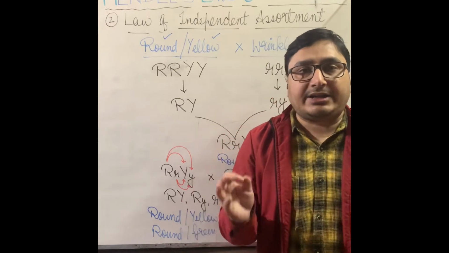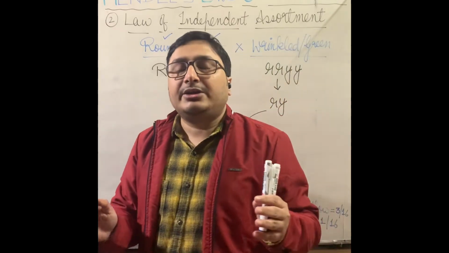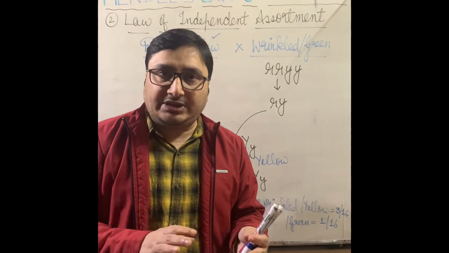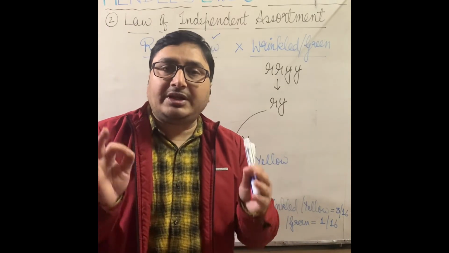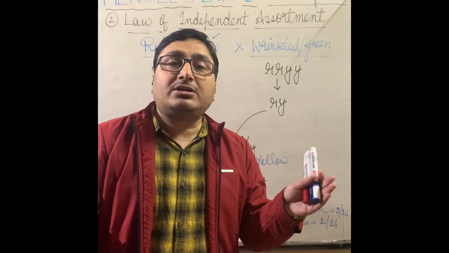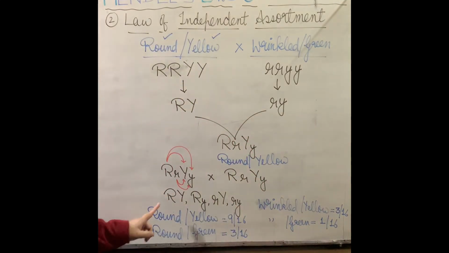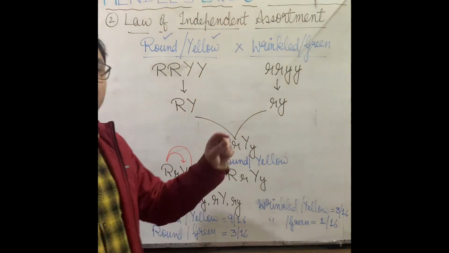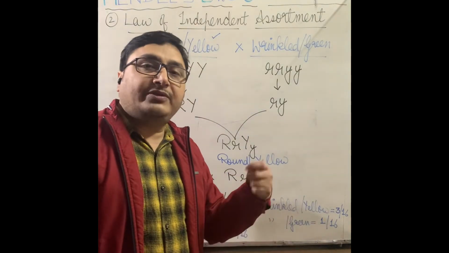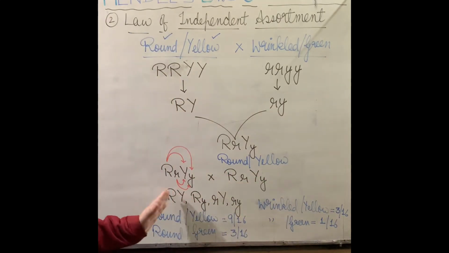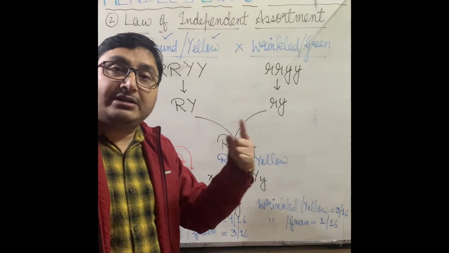The characters, the traits, can be expressed in any combination with each other. They exist independently. They are not linked to each other. That means a round seed can be yellow also, a round seed can be green also. It is not that a round seed will always be green or will always be yellow. It can exist in any combination. That means that the traits are getting inherited independently.